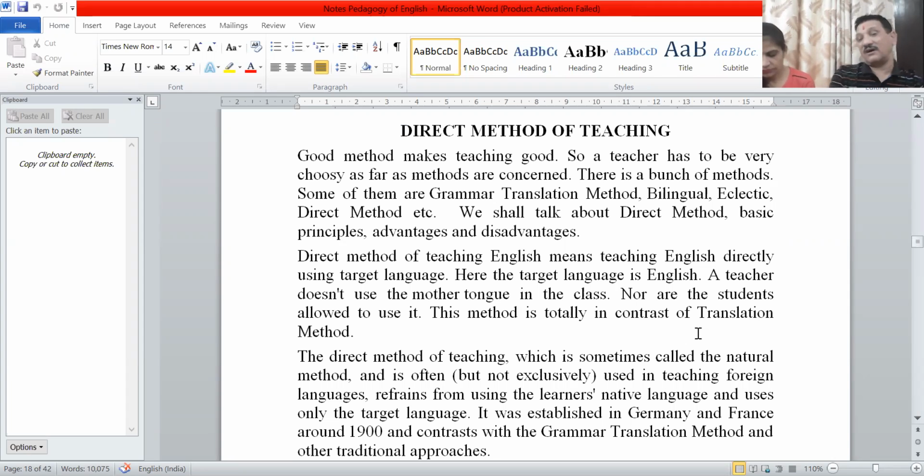Because in other methods, like the grammar and translation method, English is translated into the mother tongue. In the bilingual method, two languages are used simultaneously. Generally, we read English and after that we translate it into Hindi. But in the direct method, there is no use of any other language.